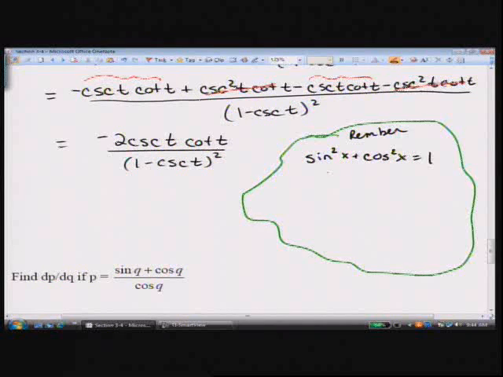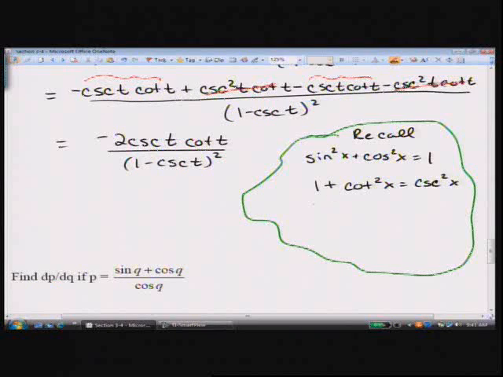And then I can never remember the children of Big Daddy, but I know the process. The process is to divide everything by either sine squared x or cosine squared x. So if I divide everything by sine squared x, I'll get 1 plus cosine squared x over sine squared x, which is cotangent squared x, equals 1 over sine squared x, which would be cosecant squared x.